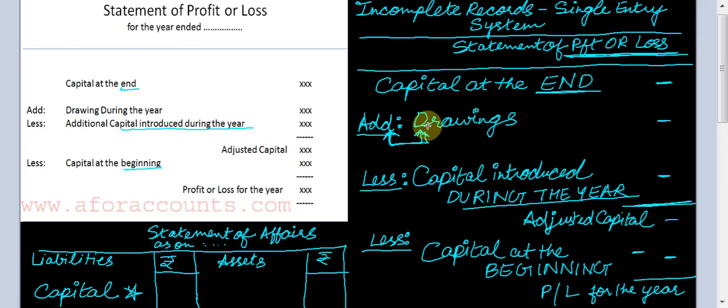3 things relate to capital: one capital here, one capital here, one capital here, and I will go upside down. That is end at first, then during the year, and then beginning.